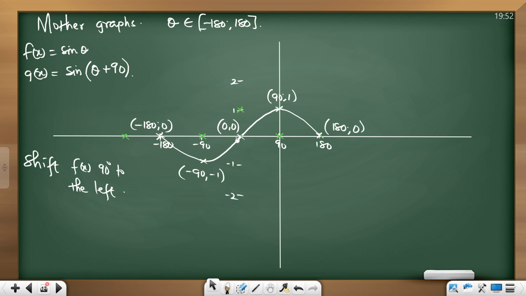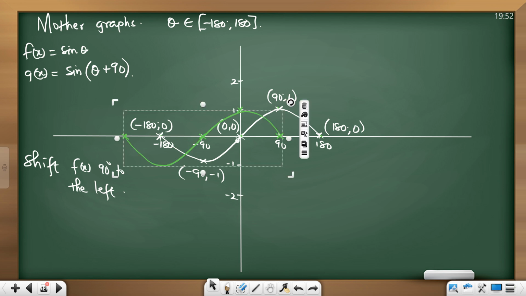Does that make sense? Don't try to figure it out, talk quickly. Look at my graph again. Look at the green one. Look at the white one. I want the white one to now look like the green one.